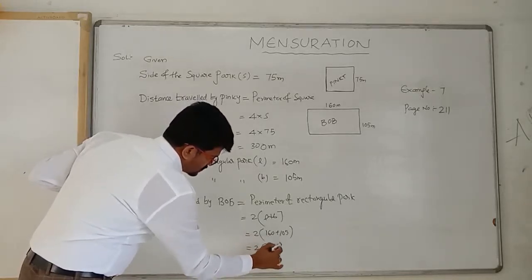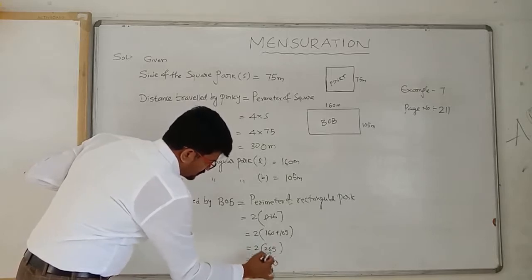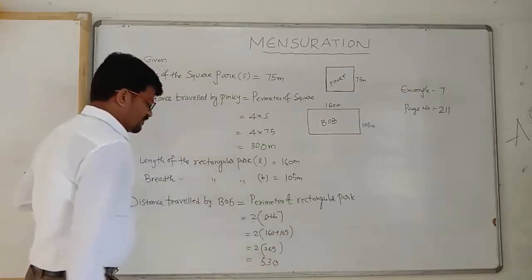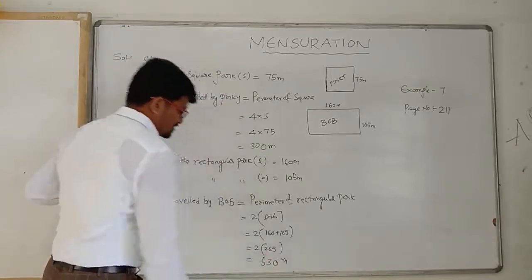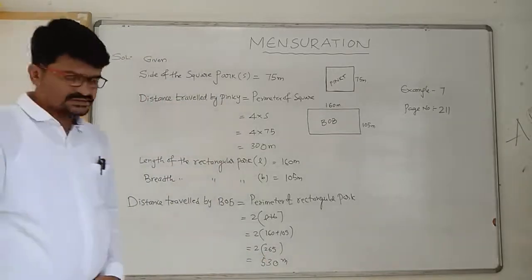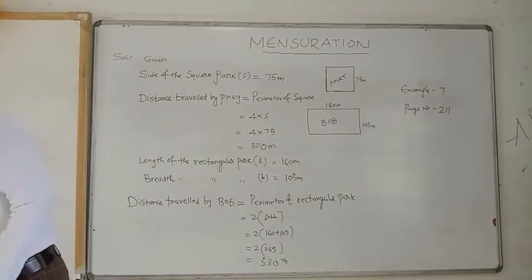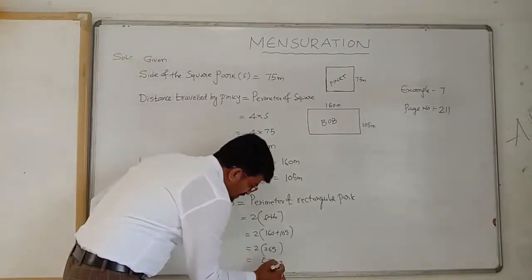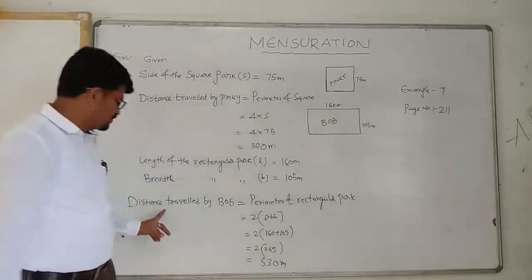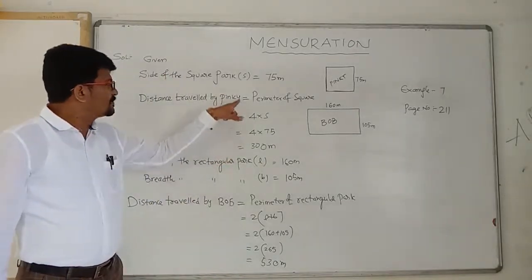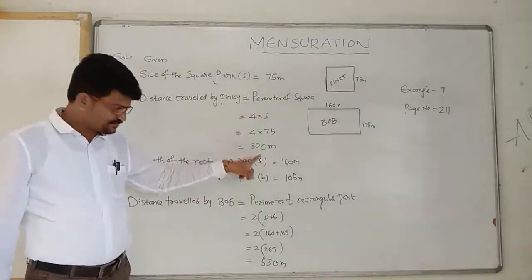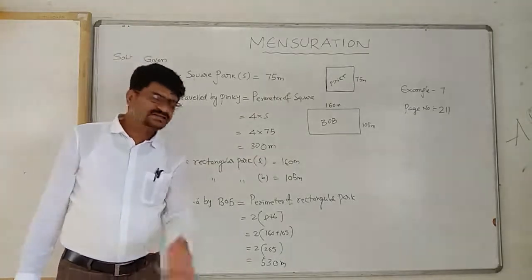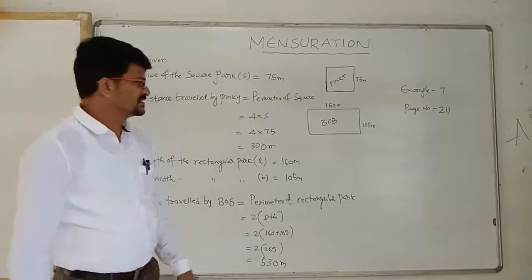That implies 530 meters. Am I right? Then who travelled more distance, children? Clearly, Pinky travelled 300 meters only. Bob travelled 530 meters. Then clearly we can say that Bob travelled more distance.